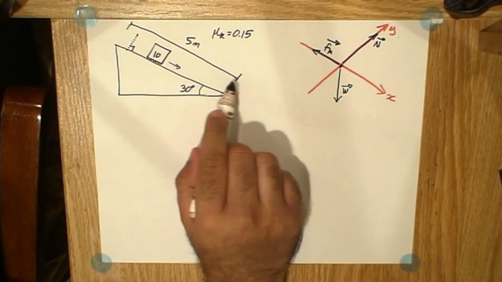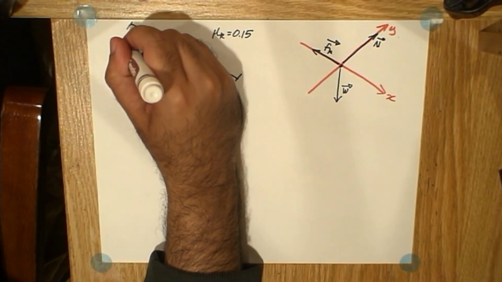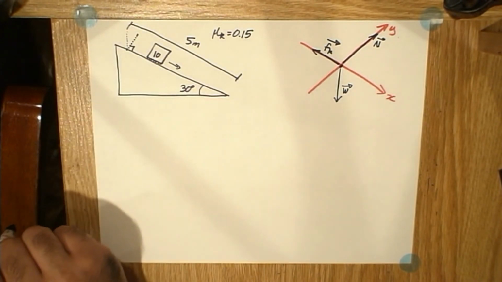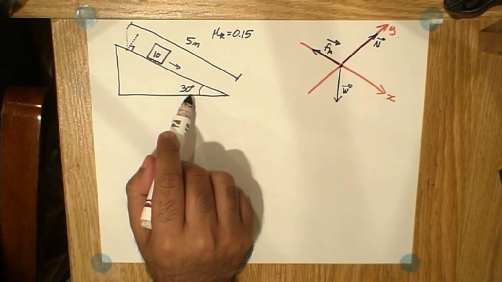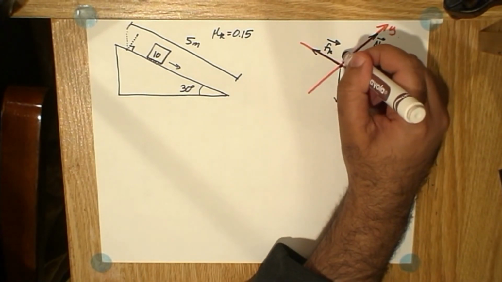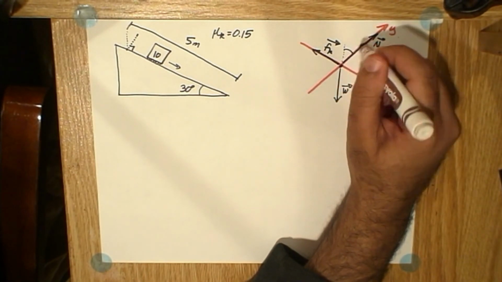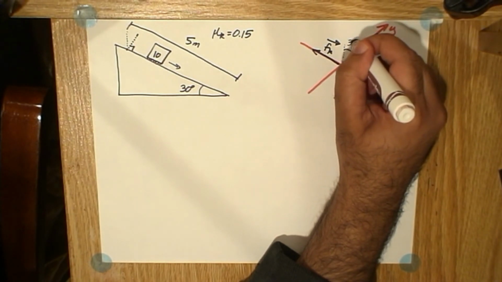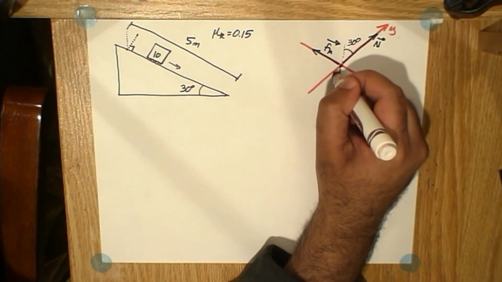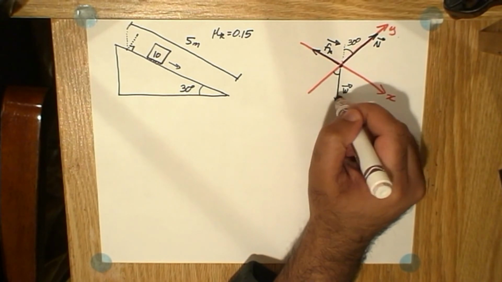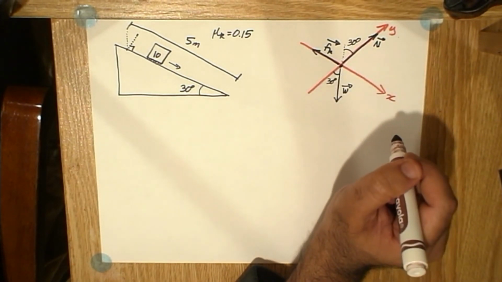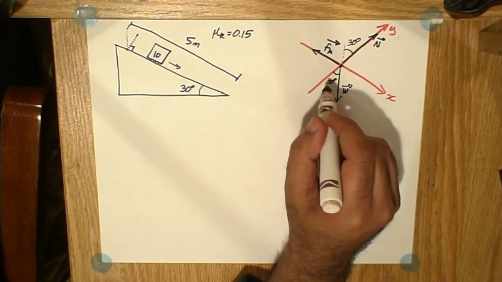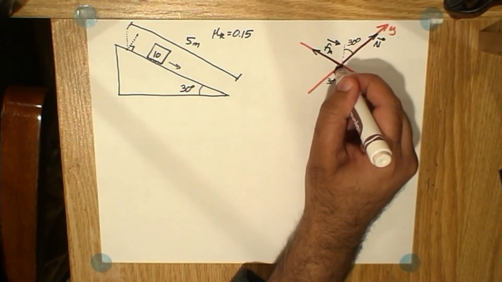Now, if this had been a level surface, the normal force would have pointed straight up. But since it's not a level surface, because this is tilted at 30 degrees, the normal force is also tilted 30 degrees away from the vertical, which means that the angle between the weight force and the y-axis must also be 30 degrees. Let's break the weight force into its components.